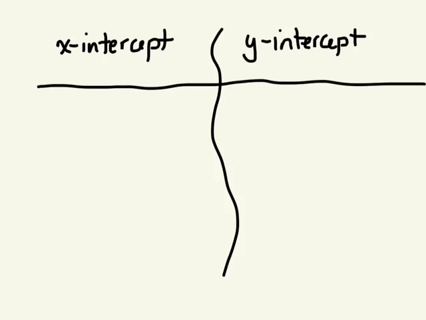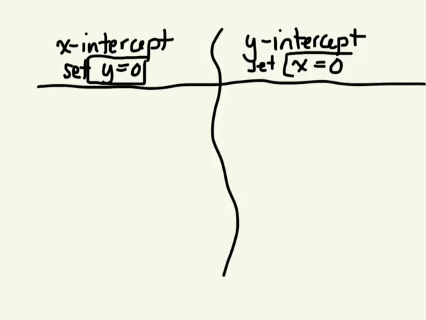Okay, so to find the x-intercept, we know that we have to make y equal to 0, correct? And to find the y-intercept, we have to make x equal to 0. So in our equation that we were just working with, the equation was 30n plus 10r equals 150.